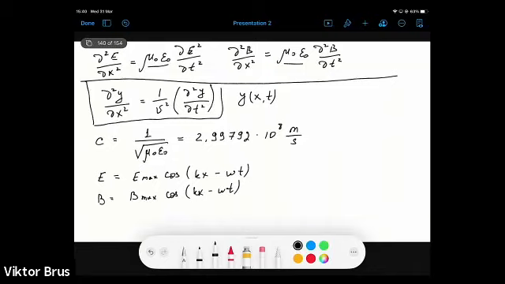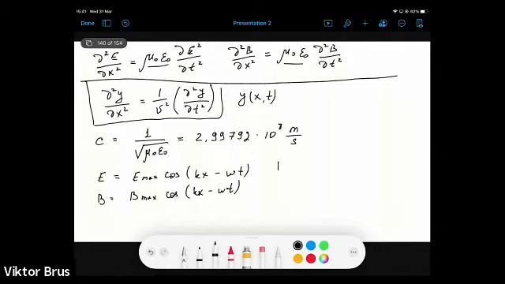So these are the forms of the wave functions which satisfy this general wave differential equation. We are also familiar with these equations. They were considered for mechanical waves in the previous course.